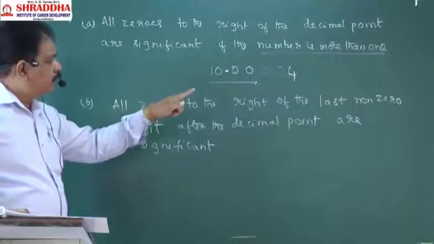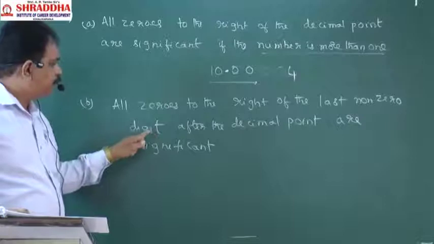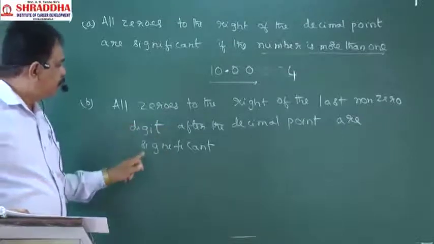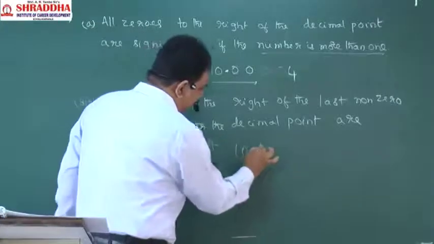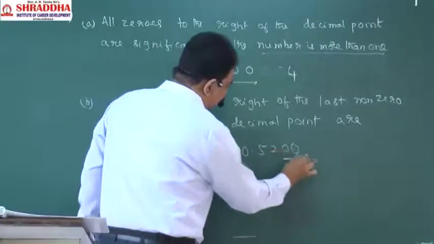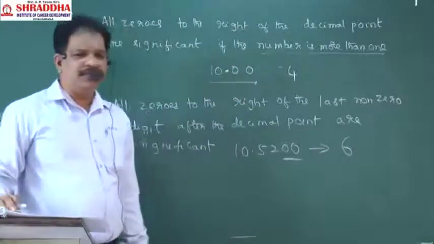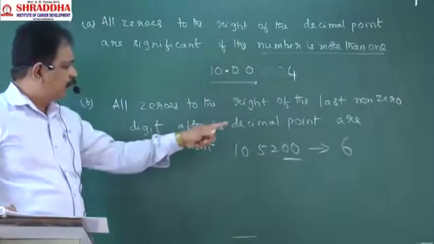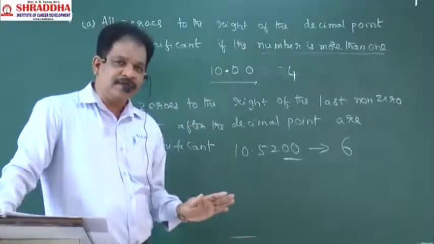Next, observe this one. All zeros to the right of the last non-zero digit after the decimal point are also significant. 10.5200, these two zeros will also be significant. So totally this number will have 6 significant figures. Listen.